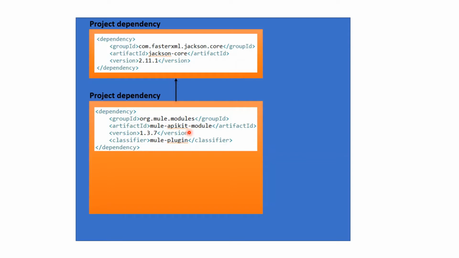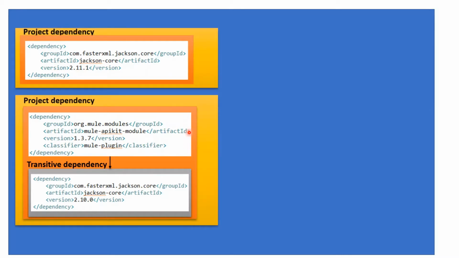So let us understand what class loading isolation exactly is. I have the same figure, with two dependencies. What class loading isolation does is isolate both dependencies. Exactly what is happening is that this dependency is loaded by its own class loader, and this dependency is loaded by another class loader.